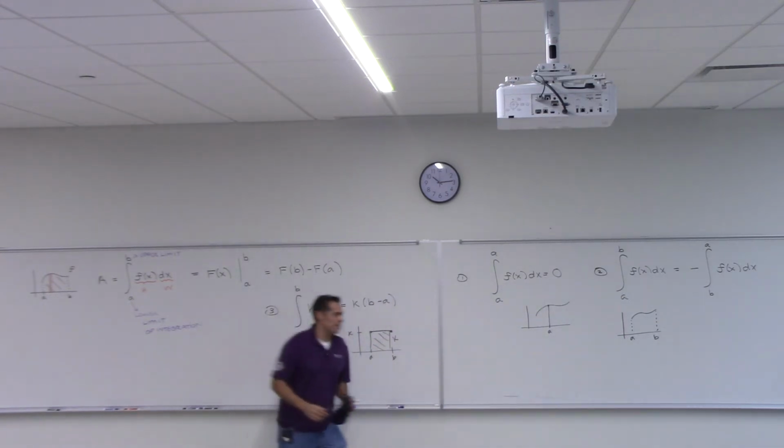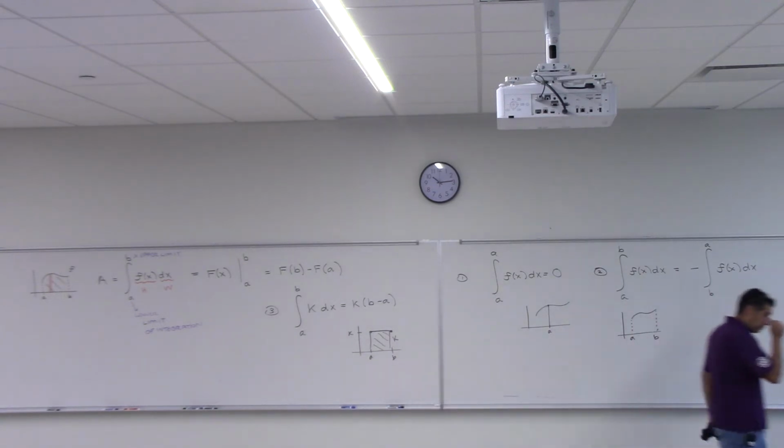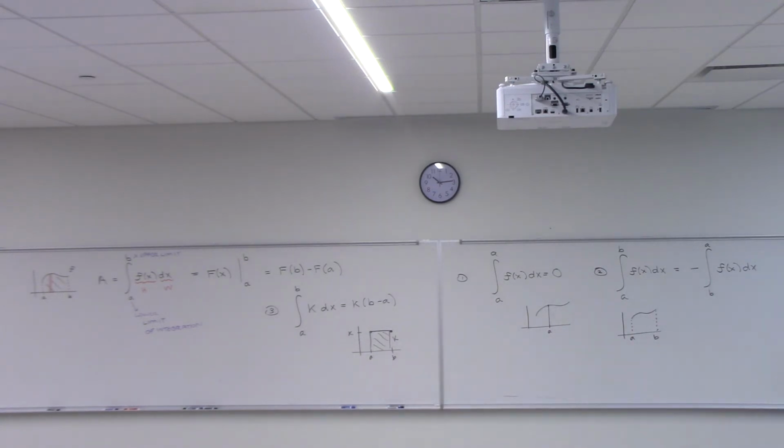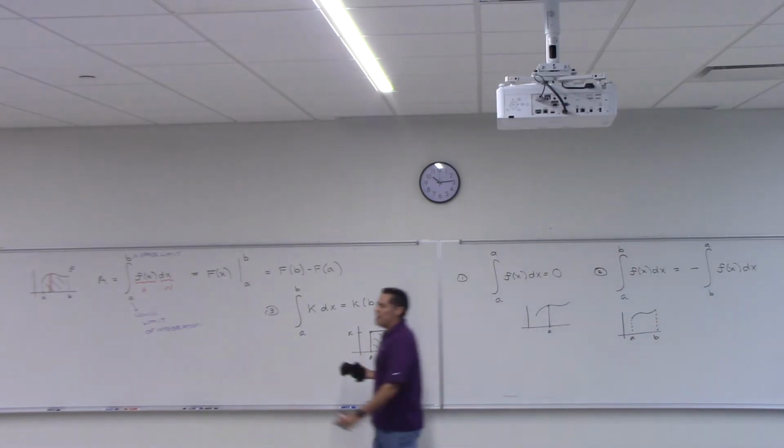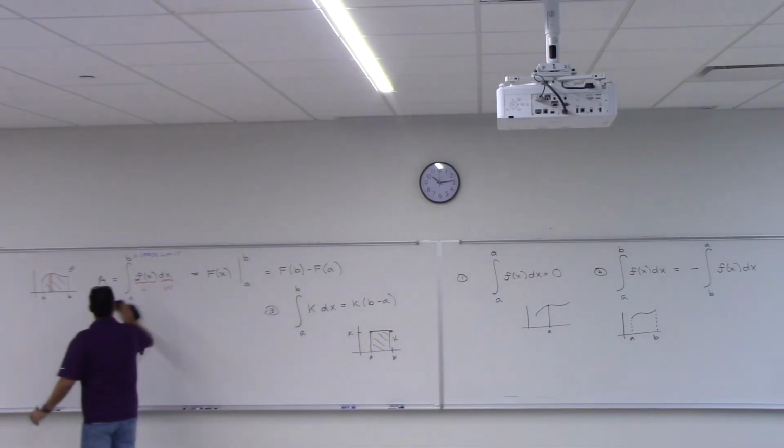Okay, let's look at the next property. The next one, I think, again, is probably intuitive. What is that fourth property saying, if you can see it over there? What's it saying?